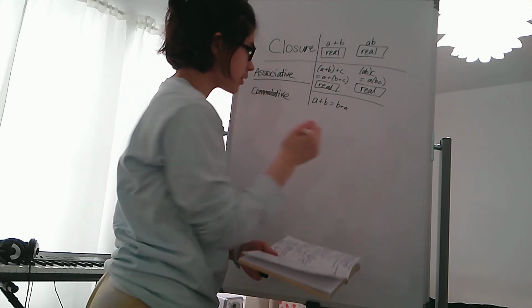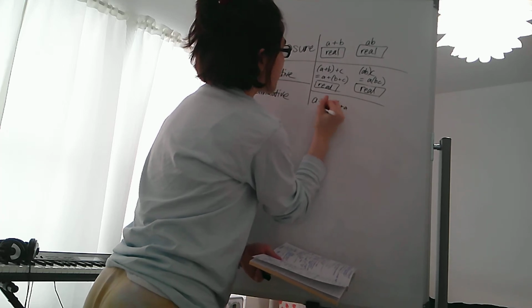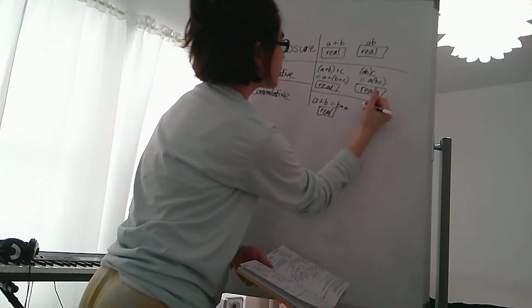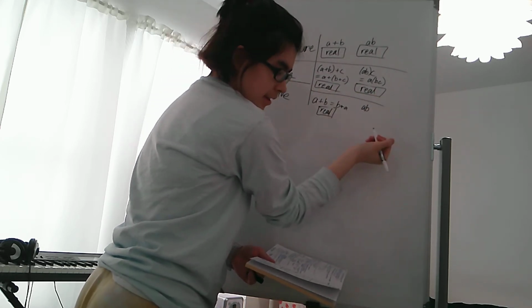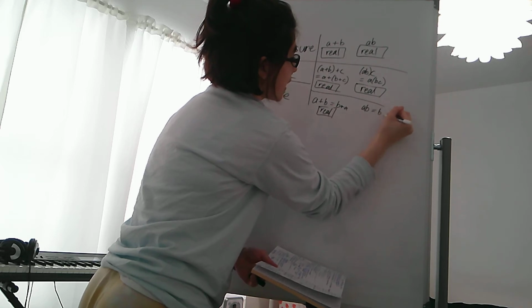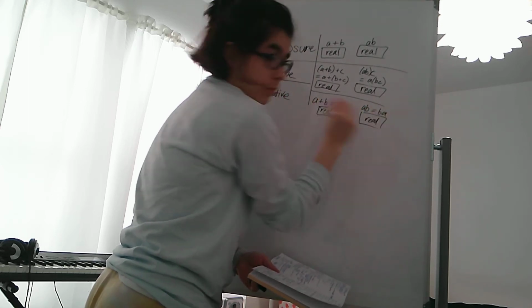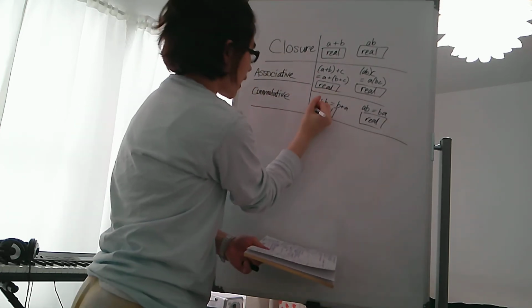I think that's pretty straightforward. So that is real, or I know I keep writing real, but just think of it as true. That's why it's a property. And similarly, A times B equals B times A, that is also R-E-A-L, real.